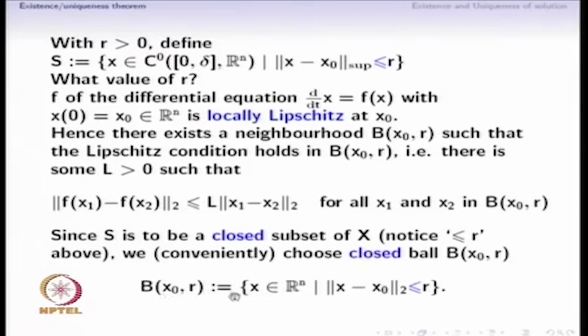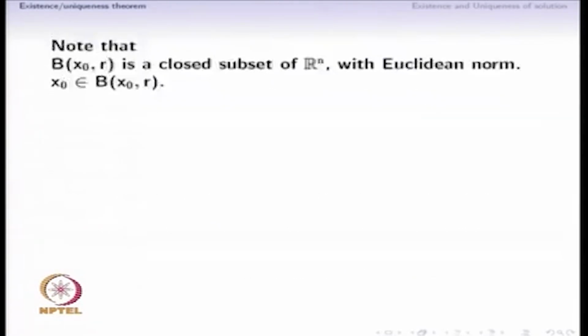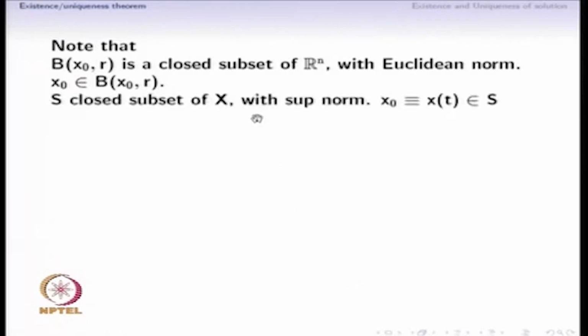B of x naught comma r is defined to be the set of all x such that the distance from x naught is at most equal to r. Before we go further in the proof, let us quickly note that B of x naught comma r is a closed subset of Rn with the Euclidean norm, and the point x naught is an element of this closed ball. It is in fact the center of this ball.